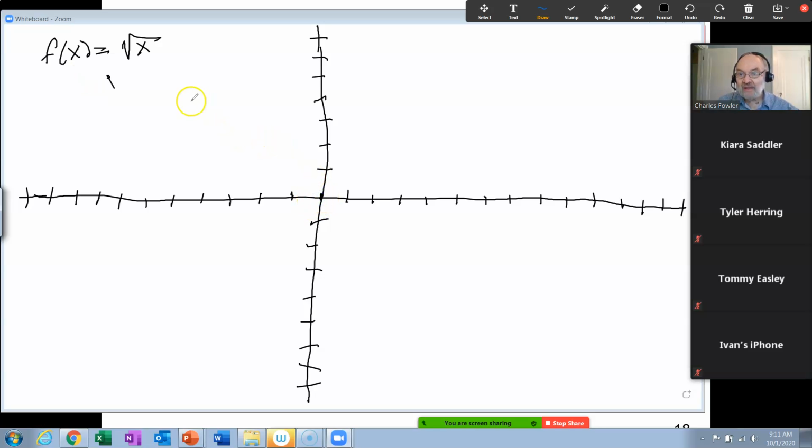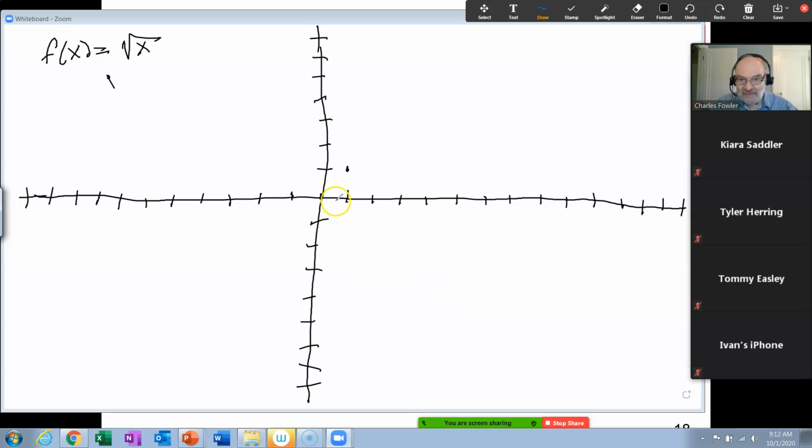When x is equal to 1, the square root of 1 is 1, f of 1 is 1, that's right here. I'm not going to do 2 or 3, I'm going to go straight to 4. When x is equal to 4, the square root of 4 is 2. So x equals 4, y is equal to 2.